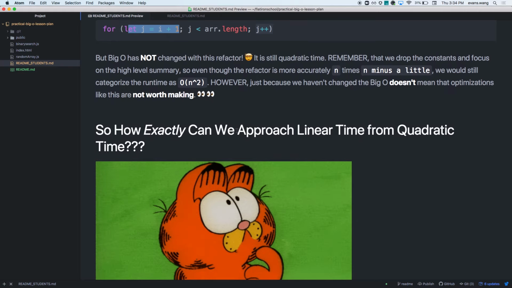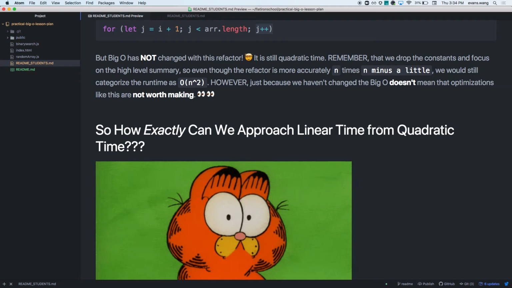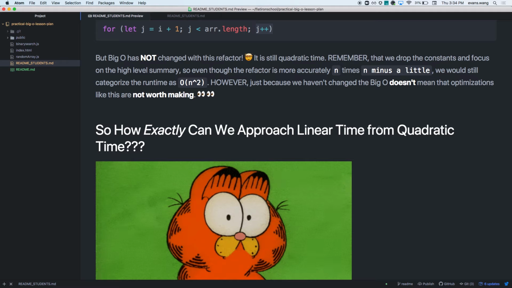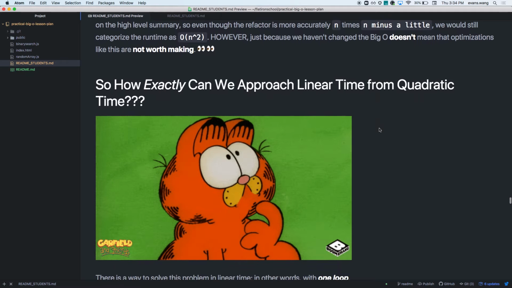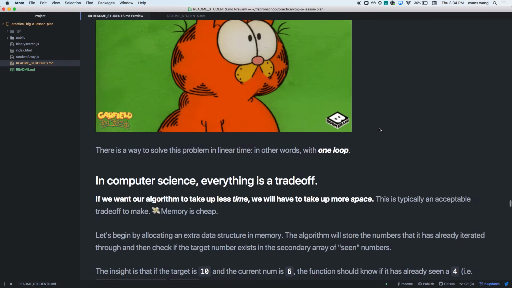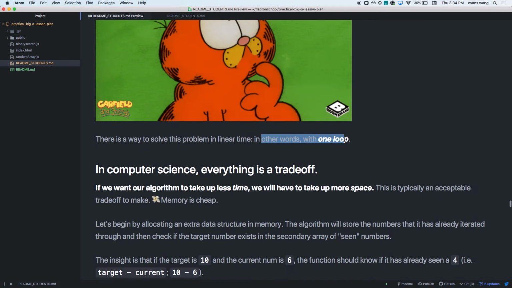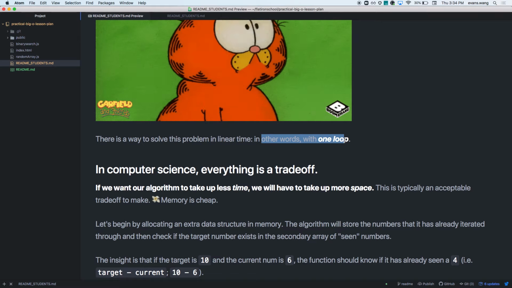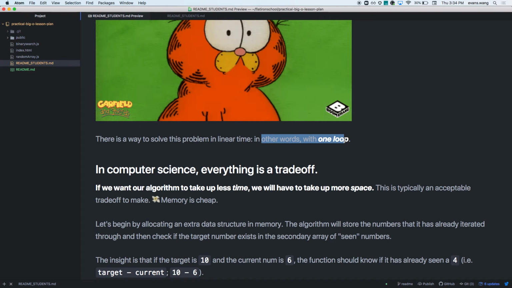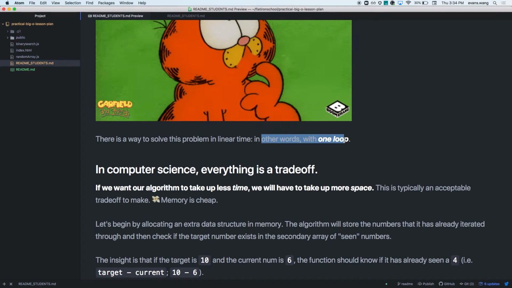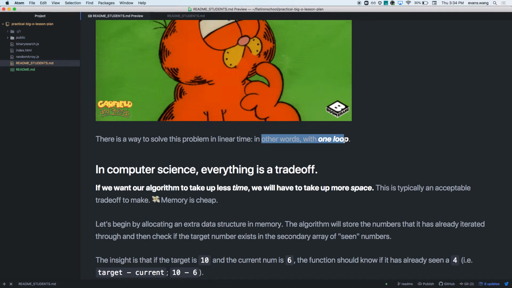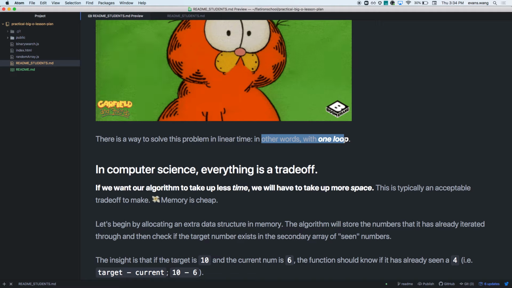So how can we take this from quadratic time to a linear time solution in terms of this get target sum? The idea is, how can we solve this with one loop instead of two nested for loops? That's basically what it is, going from quadratic to linear. And the idea here is, I wouldn't have to go through every single thing in the array if I've already checked it.